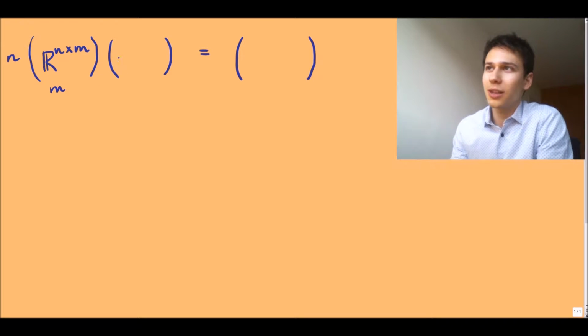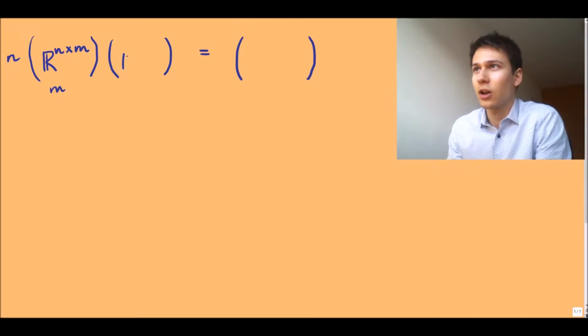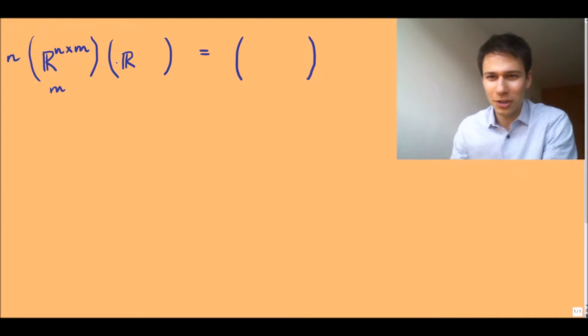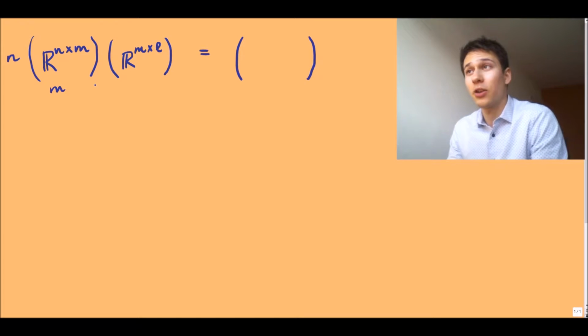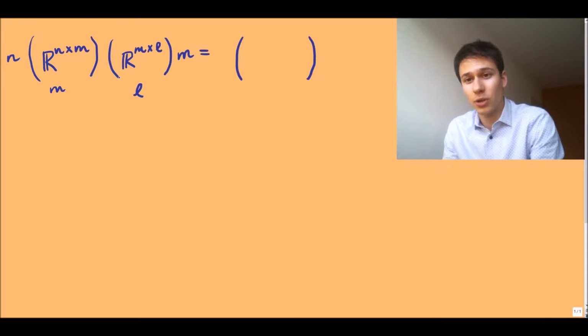And let's assume that our second matrix as well only has real entries, which isn't really important for what we look at, and it has dimensions m×l. So in this case, the first number stands for the number of rows of the matrix and the second number for the number of columns of the matrix.